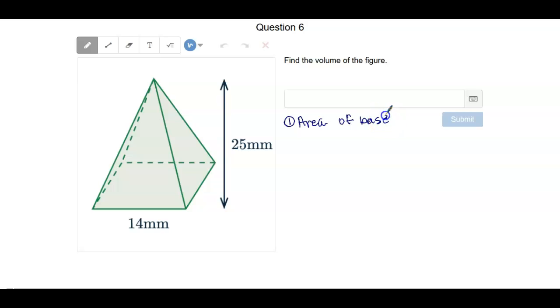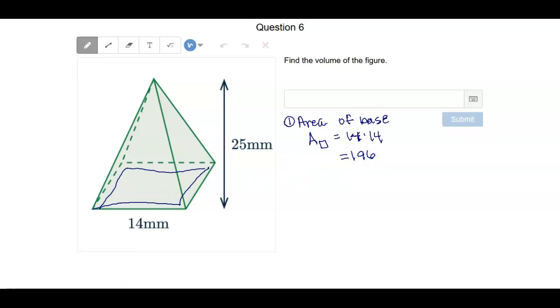Looking at this picture, we can see that this figure here, sorry, this is not a good outline, but that is a square. If they only give you the one dimension, you can assume that this is a square. So this side is 14 and this side is 14. We have the area of a square, so that's going to be 14 times 14, which is 196.